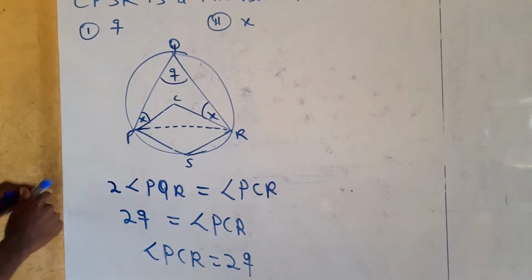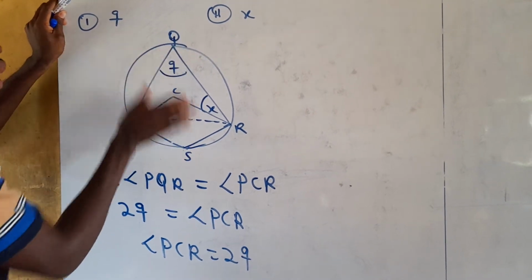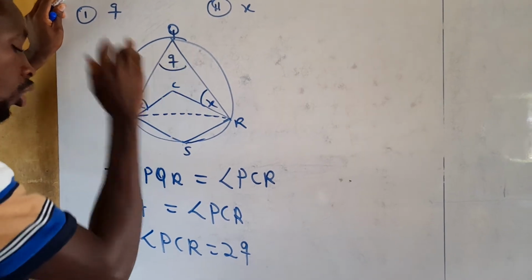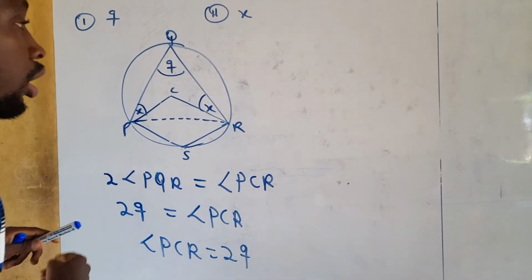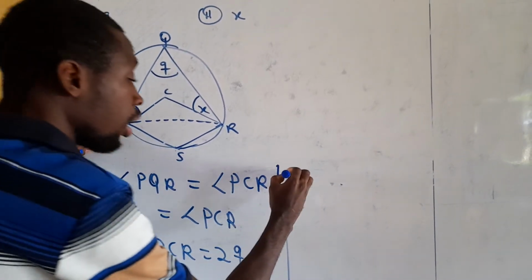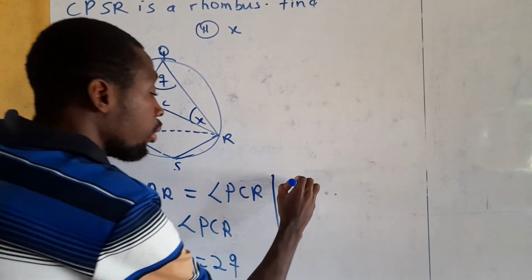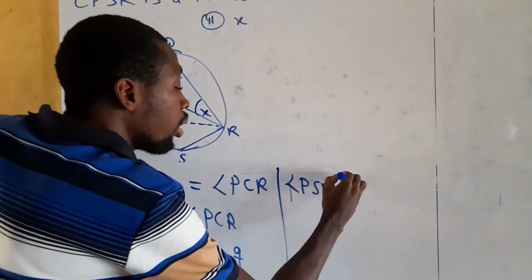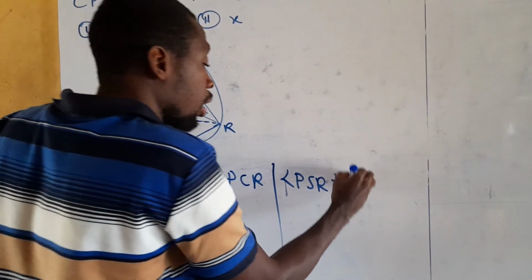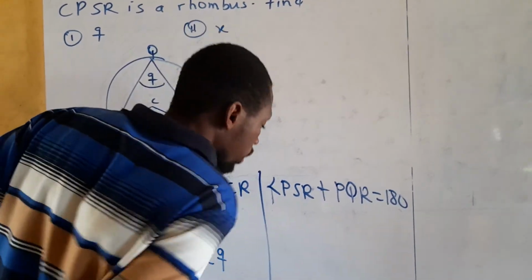So we know that. Also, when a chord sustains an angle at the two opposite sides of a segment of a circle, if you remember that property, the sum of those angles will be equal to 180 degrees. So we can say that angle PSR plus angle PQR will be equal to 180 degrees.